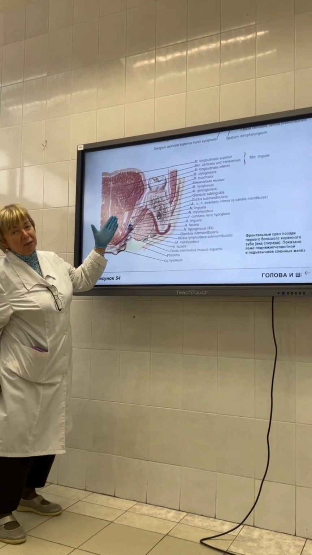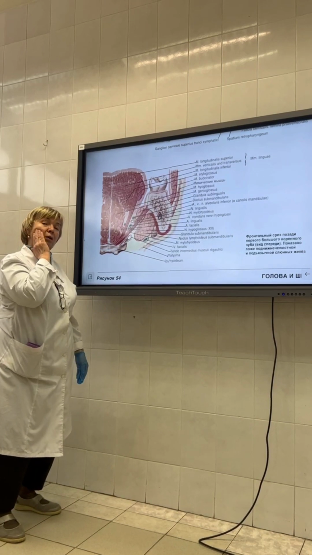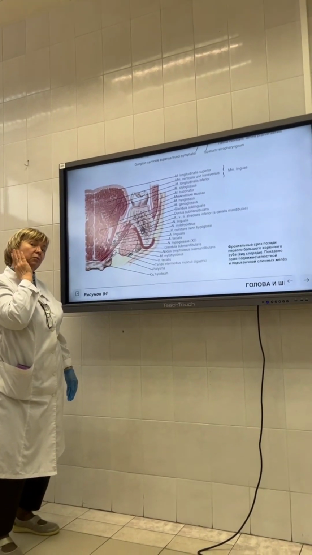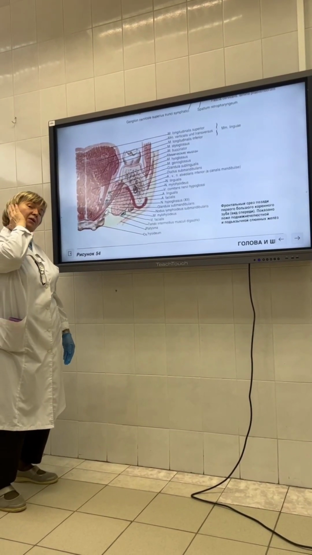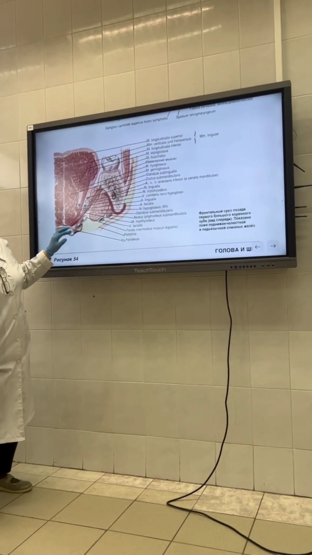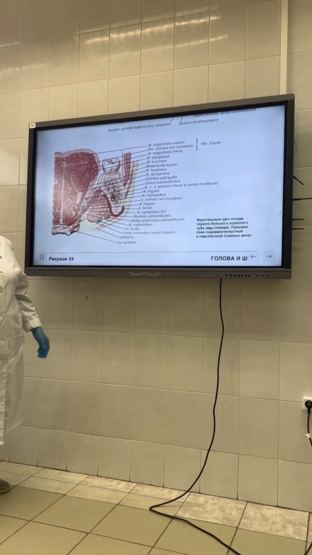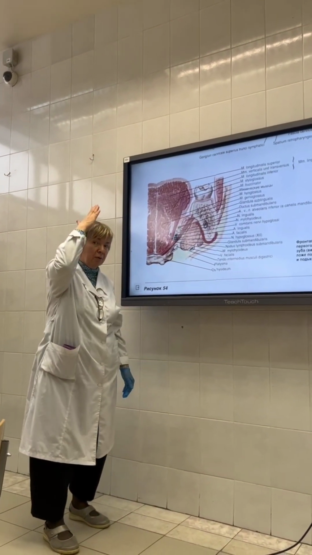The facial space itself connects with which space to the back? With the buccal space. Then with the spaces which are located here: pterygopalatine, parapharyngeal, masticatory, temporal, above.